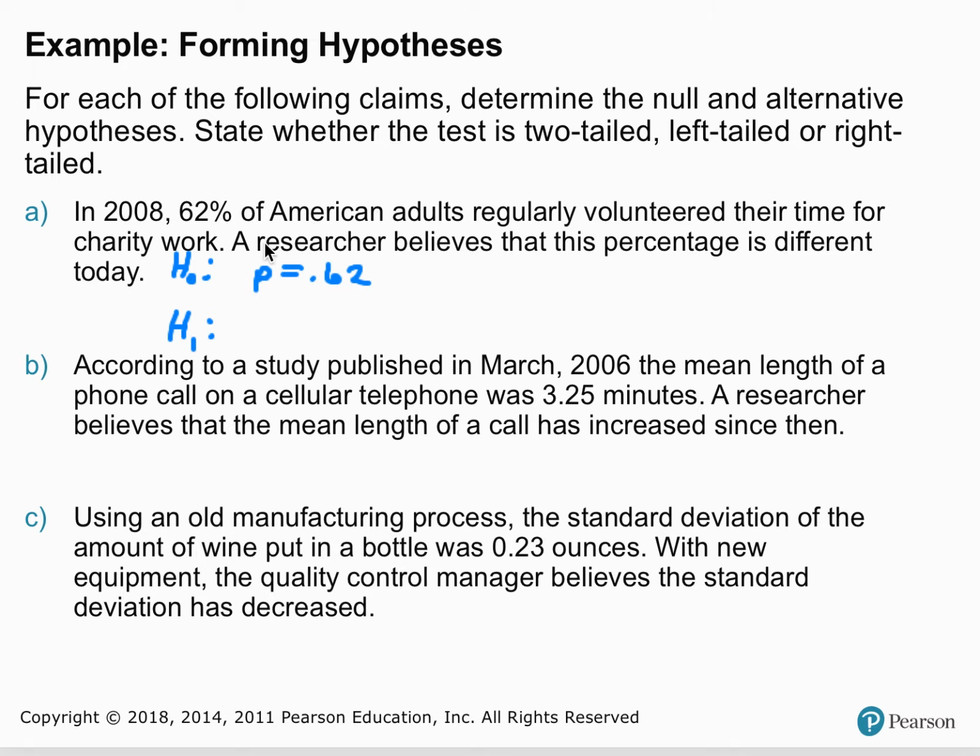Right? But if this researcher believes that this percentage is different, and it doesn't say more than or less than, just not 0.62, then that's our alternative hypothesis. Okay, which means it's a two-tailed test. It can be more than or less than.